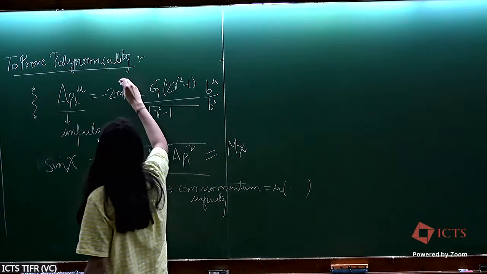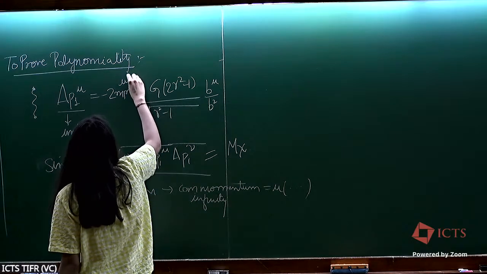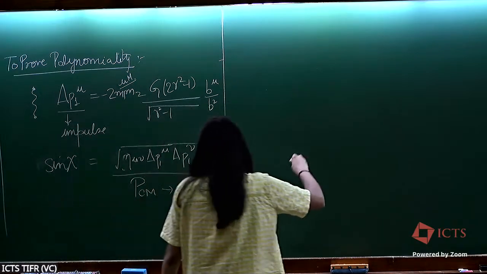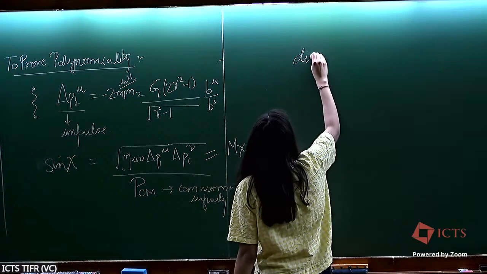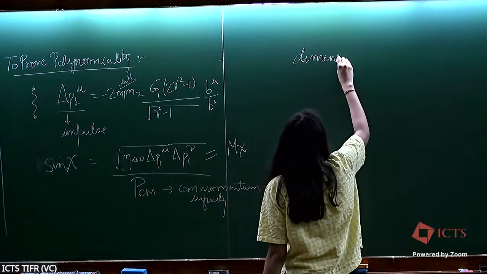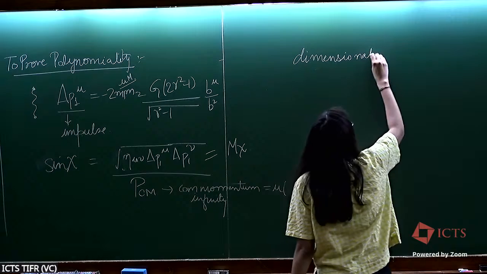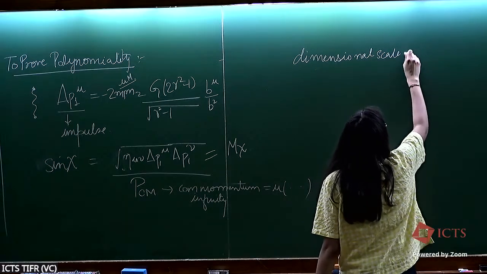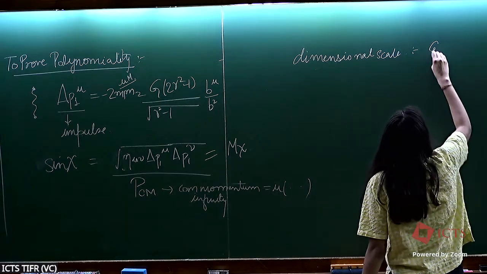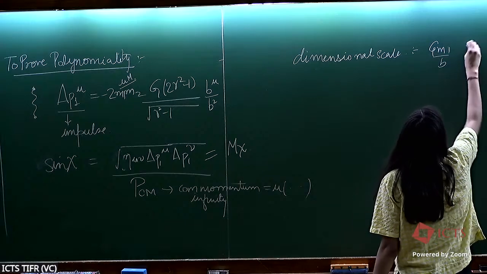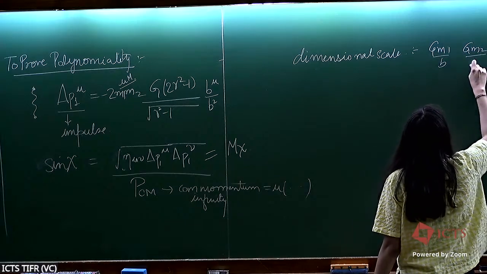And this m1, m2 is going to give us mu times mass. And the dimensionless variable or the dimensionless scale in the system is G m1 over b or G m2 over b.